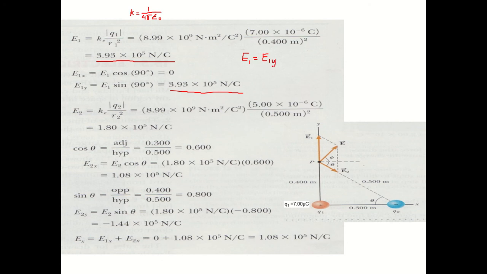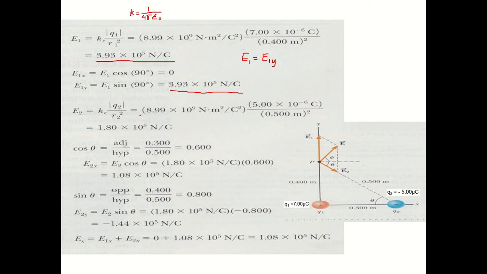Okay. Now for E2, we'll consider this charge here. All right. So the same value for K. Then Q2 is the charge at this point, negative, but you take only the positive value of this. So the absolute value is equal to positive 5 microcoulomb.